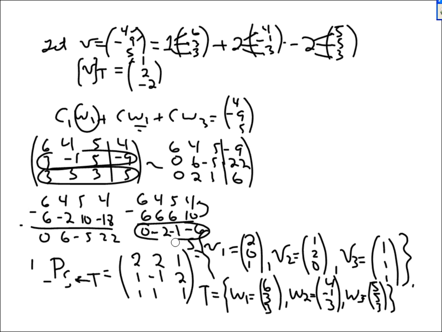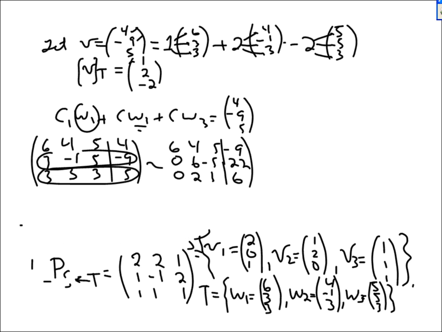Okay. I wish I had the right answers. Okay. I want to switch the second and the third row, because I'd rather clean things up in the second column with the 2 than with the 6. So I have 6, 4, 5, negative 9, 0, 2, 1, 6, 0, 6, negative 5, 22.